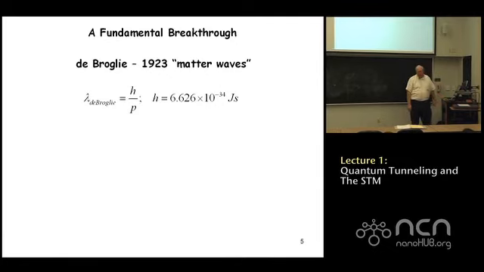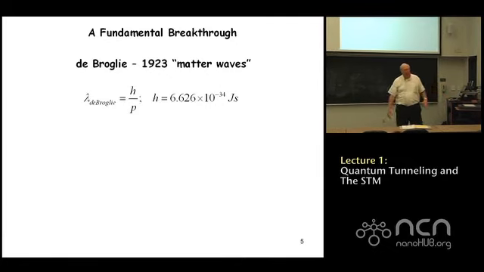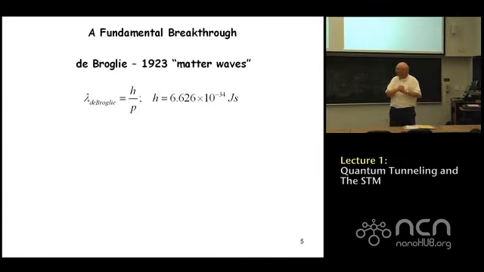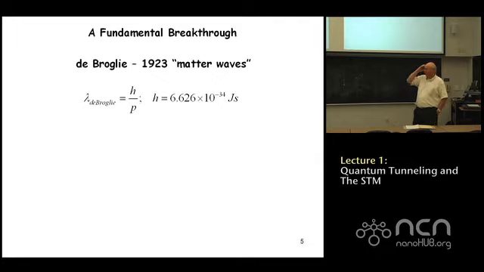So, how do you think about the problem? Well, a fundamental breakthrough comes along in 1923. This French guy, de Broglie, says, oh, things like electrons can behave as waves, right? This is a very revolutionary hypothesis at the time. Wasn't clear it was true, right? And what de Broglie says is that, you know, we know light is an electromagnetic wave. It has a wavelength.